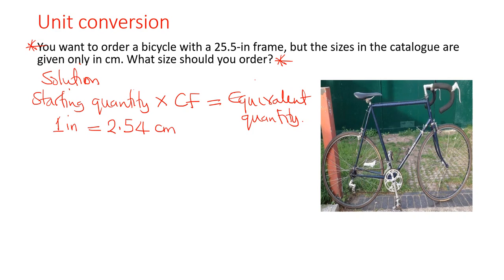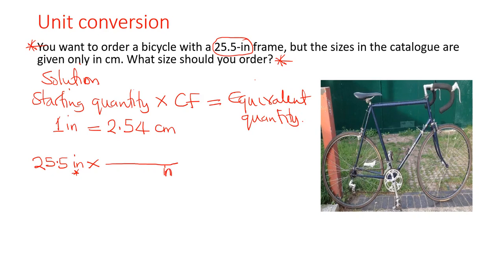Now, the way I solve these problems, I will write my starting quantity. So this is the starting quantity, 25.5 inch. So I'm going to write it here, 25.5 inch, and then multiply. Since I have an inch here, I need to put an inch down here so that the inches are going to cancel.